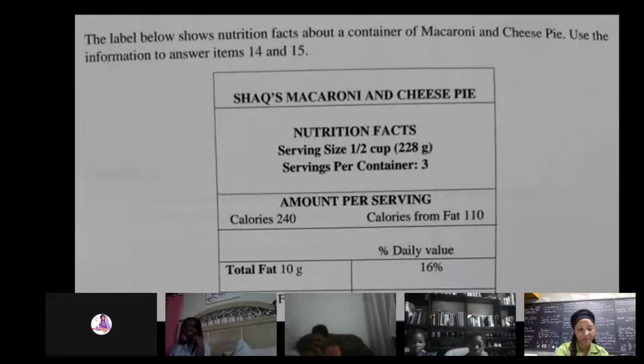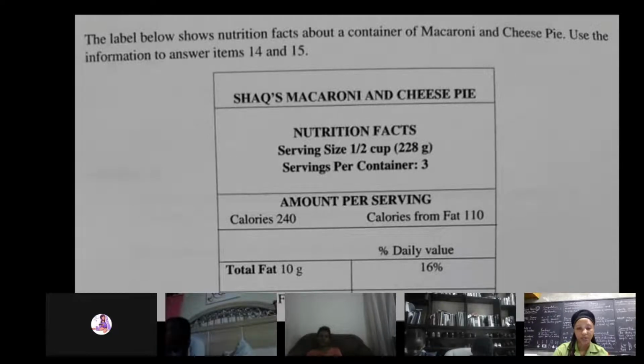Yeah, go ahead now. Because he took 3 servings of the macaroni and cheese. All right, and it says the amount per serving, so under amount per serving, the total fat is 16%.